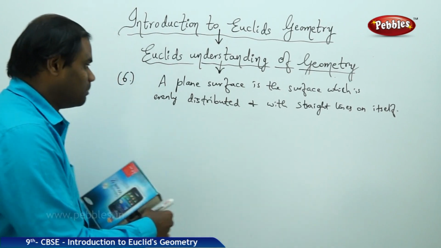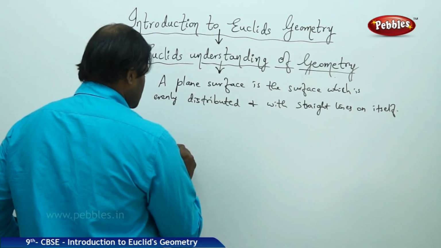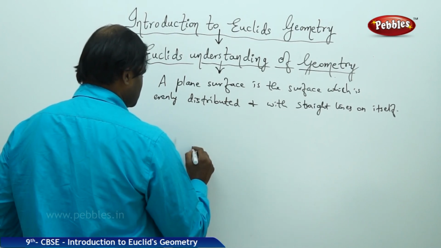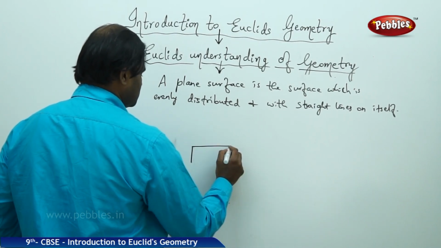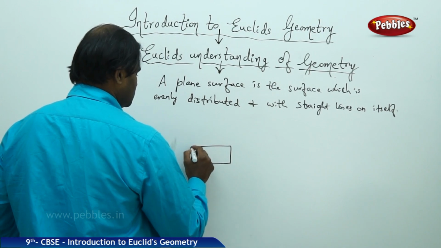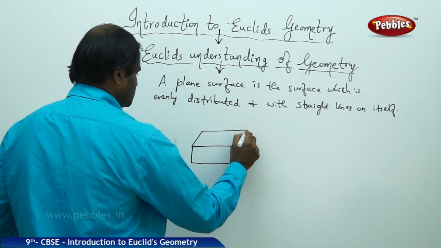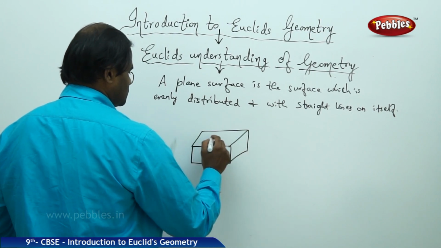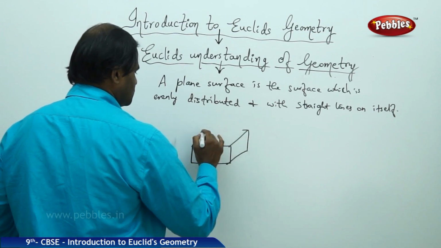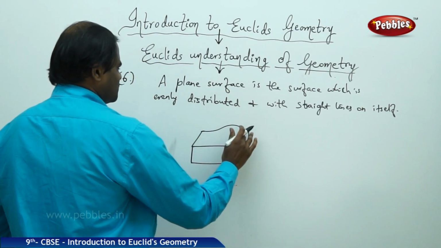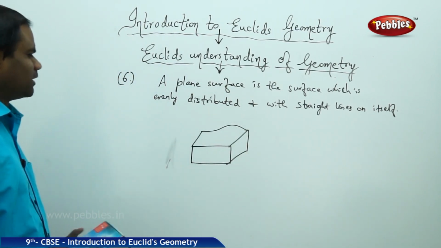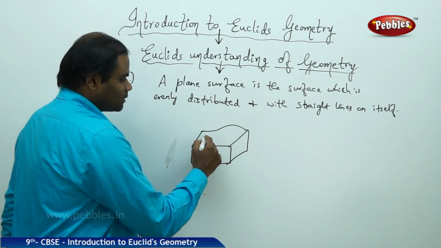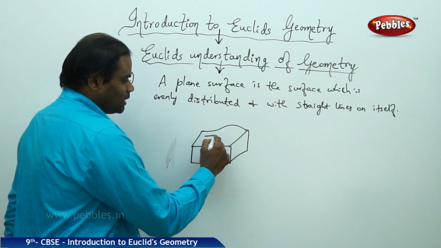If it was a bulged surface, for example, I take a surface which is bulged out here, then a straight line does not completely lie here.